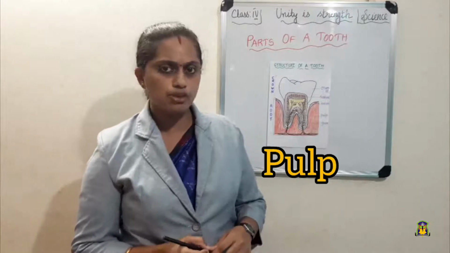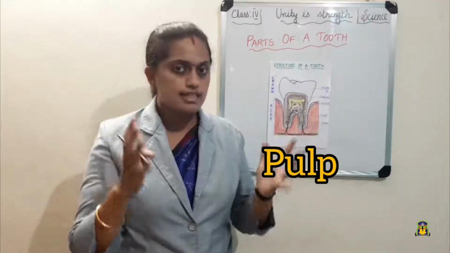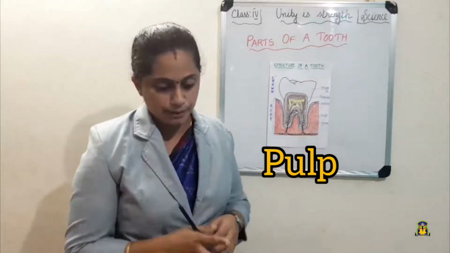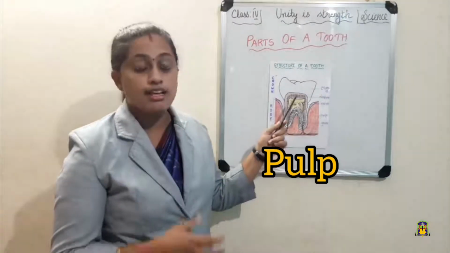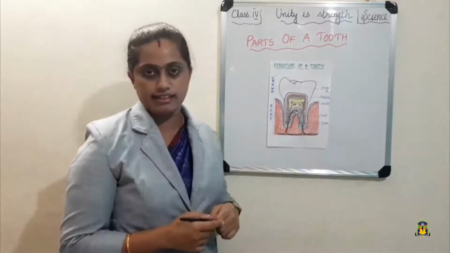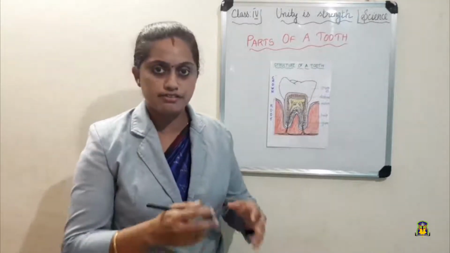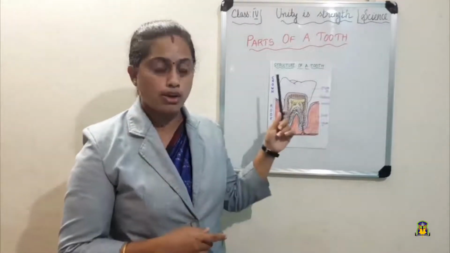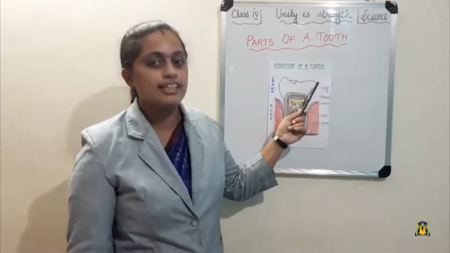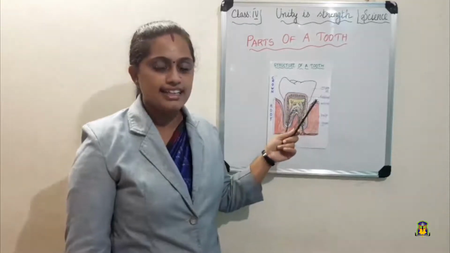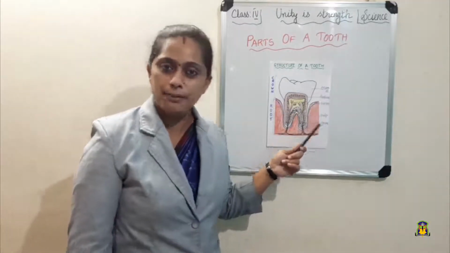P-U-L-P. What is inside this pulp? This pulp contains many blood vessels, nerves, etc. So you understood the different parts of a tooth. We saw crown, root, then the hardest part, enamel, then dentine and pulp.